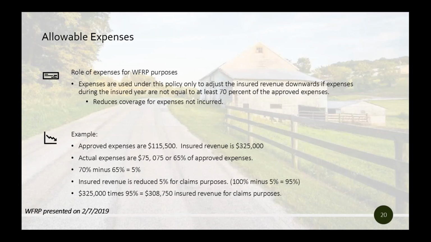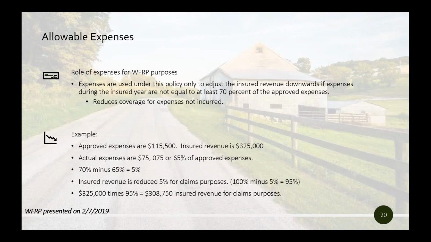So I gave you an example here. Let's say our approved expenses are $115,500. Our insured revenue is $325,000. Our actual expenses end up being $75,075, or 65% of approved expenses. So right there, we're below that 70% threshold by 5%. We take that 5%, and our insured revenue is reduced 5% for claim purposes.